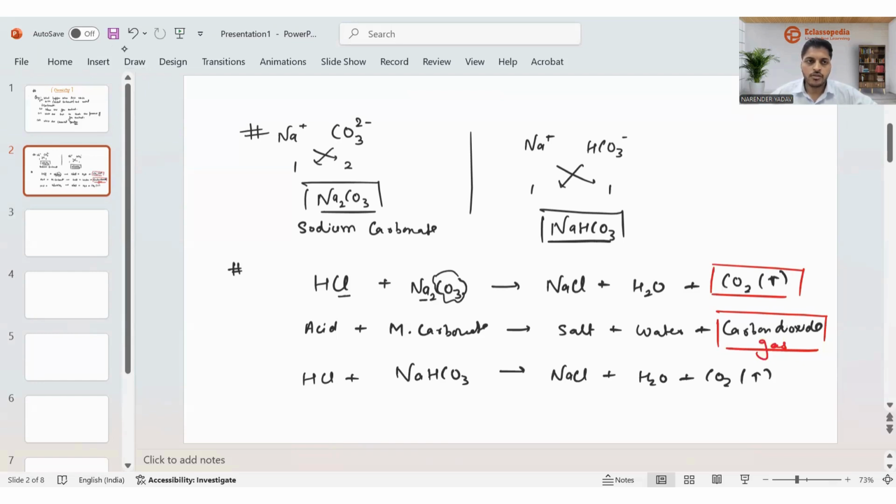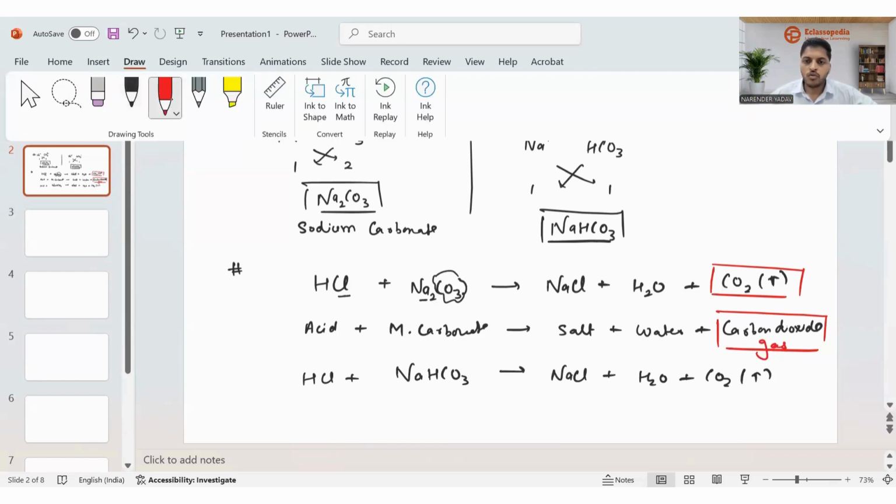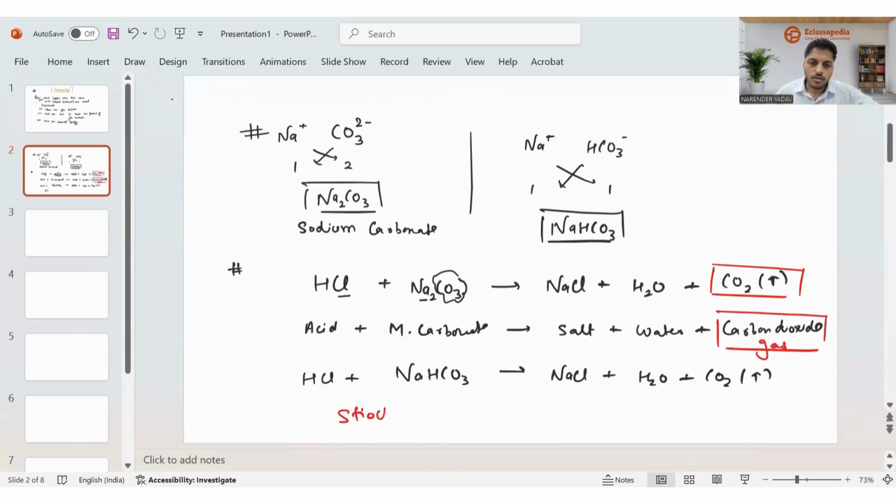Now, what is the difference? The difference is we need to balance the reaction by mentioning some stoichiometric coefficients. What is a stoichiometric coefficient? This is the numeric number which is used to balance a chemical equation. Now we can easily see there are two sodium, but here is only one.